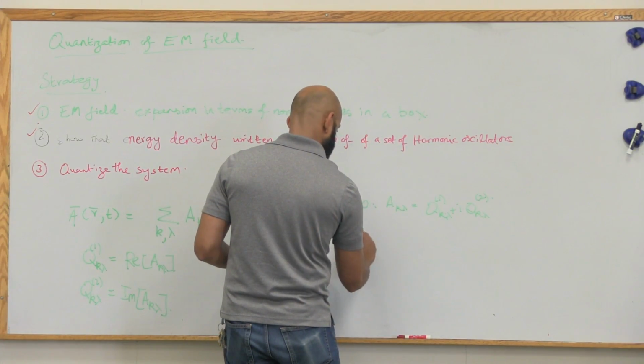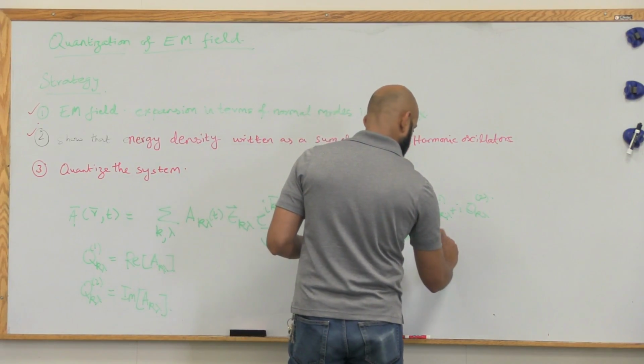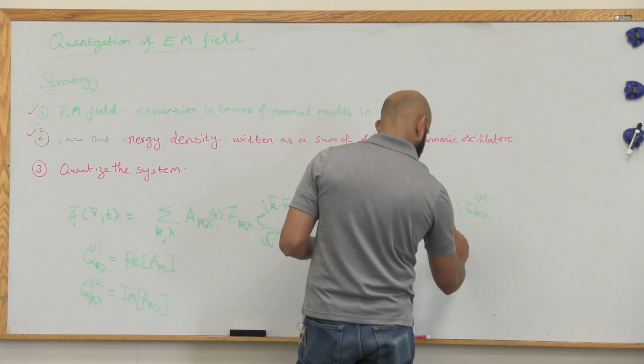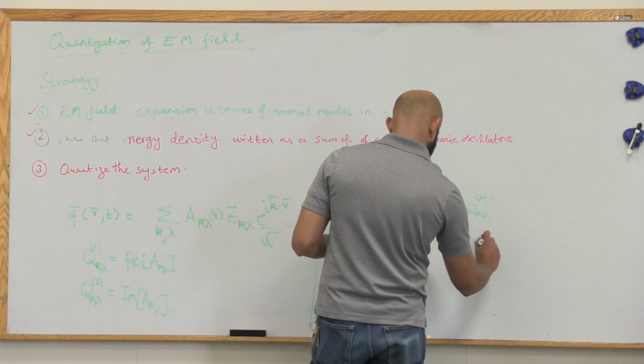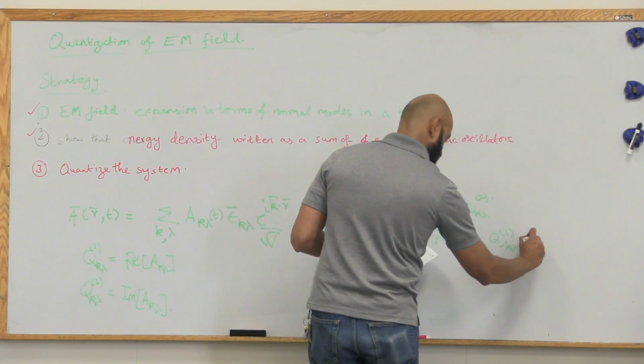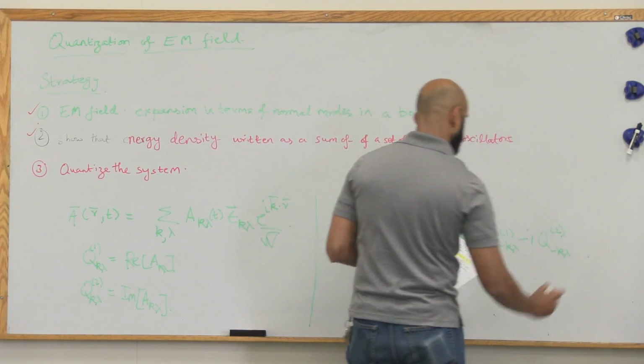And for kz less than 0, a_k lambda is equal to a_minus k lambda star of t, and that is q_minus k lambda 1 minus i q_minus k lambda 2.